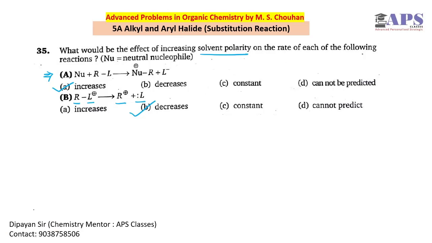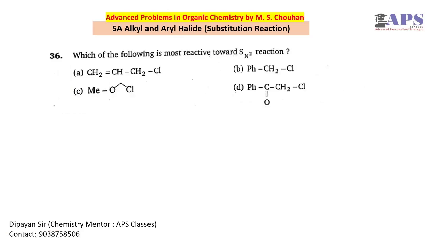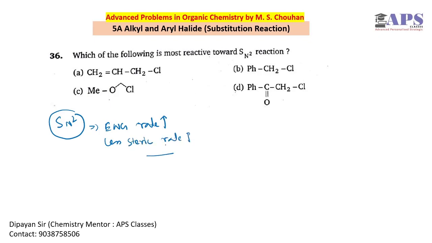Moving forward to the next question: which of the following is the most effective towards SN2 reaction? As we know, SN2 reaction depends on two things: an electron withdrawing group will increase the rate of the reaction, and less steric hindrance will increase the rate of the reaction. Steric is not a factor in this case, so we only have to think about the electron withdrawing group.